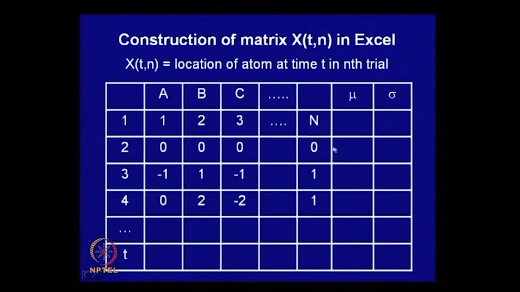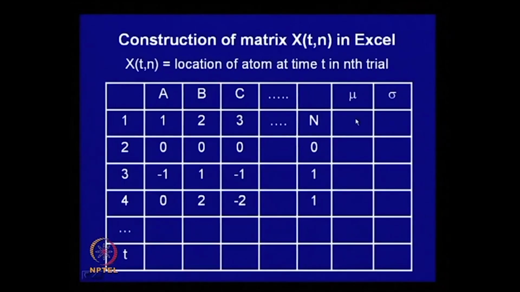This is the initial position. This is the first trial, this is the second trial, third trial, nth trial. In every trial the initial position is 0, that is the center, and then it goes on changing. Say here it goes to -1, here it is +1, here it is -1. That way it continues up to time t, and then you can find the mean, that is, the most likely location after the first time step.